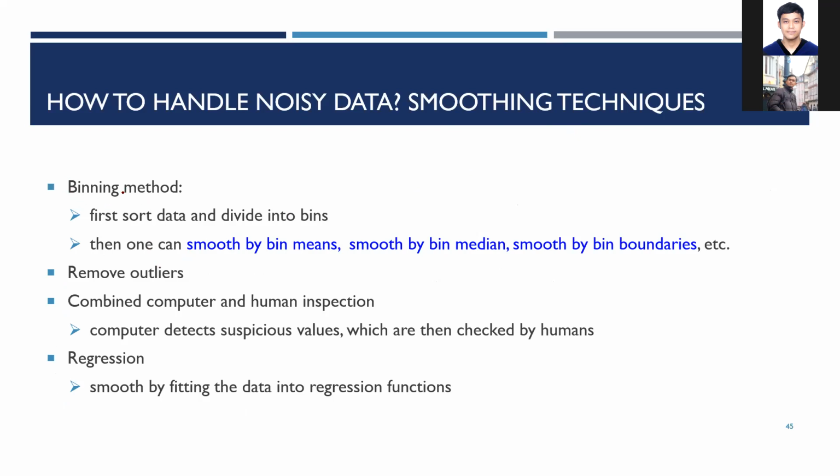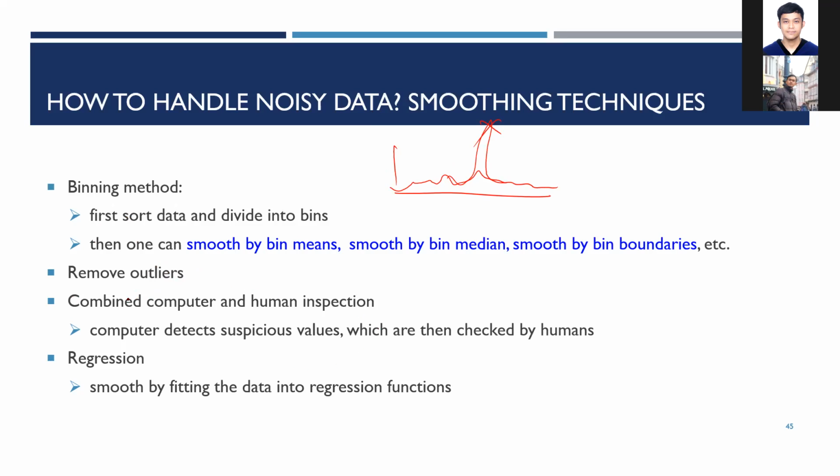The first binning method is that we sort the data, divide it into several bins, and then smooth by bin means, median, or boundaries. We also can remove the outliers to make the data smoother. For example, if we have time series data with an outlier like this, maybe we can delete it so the data becomes smoother.